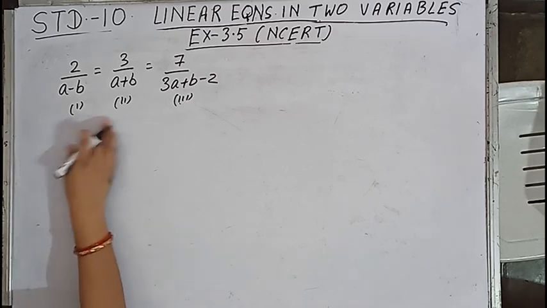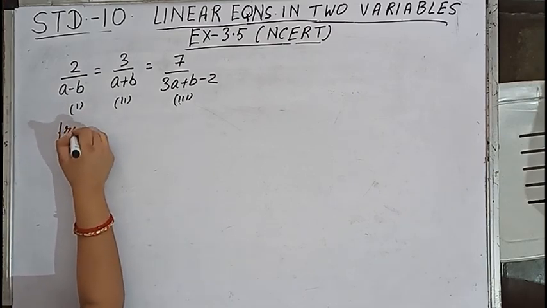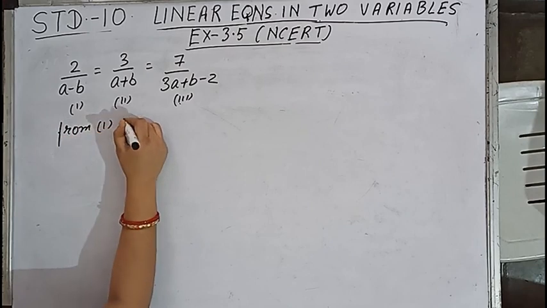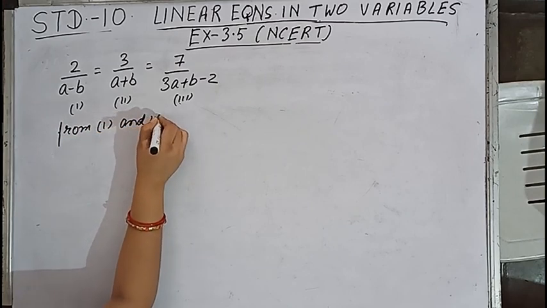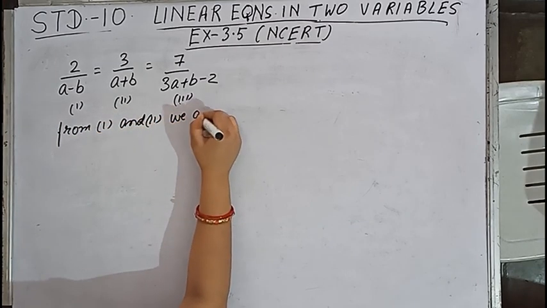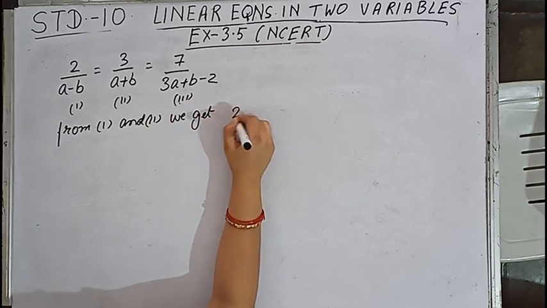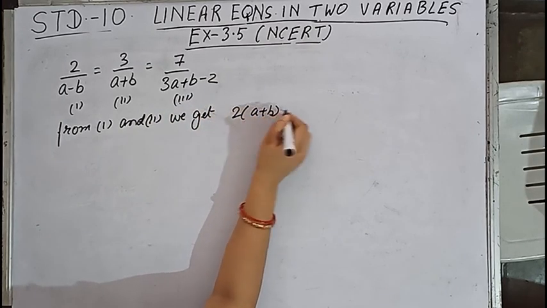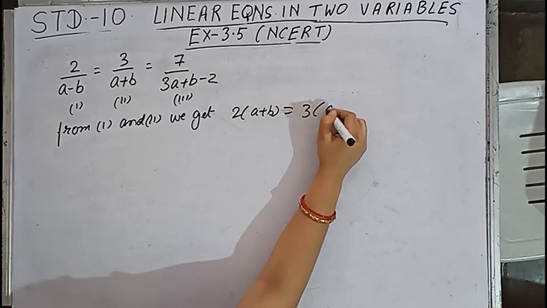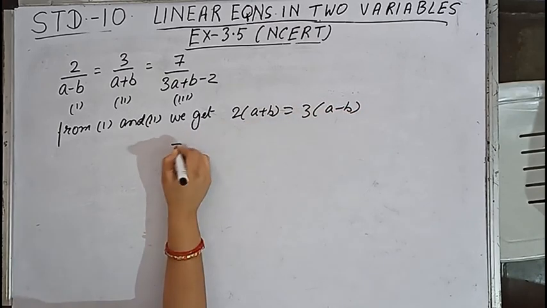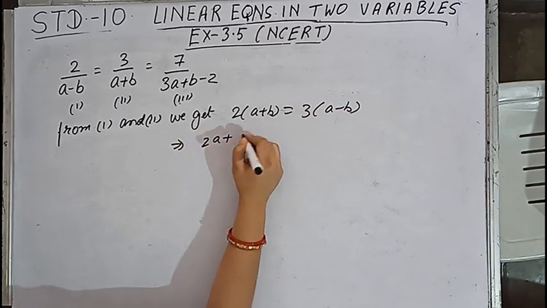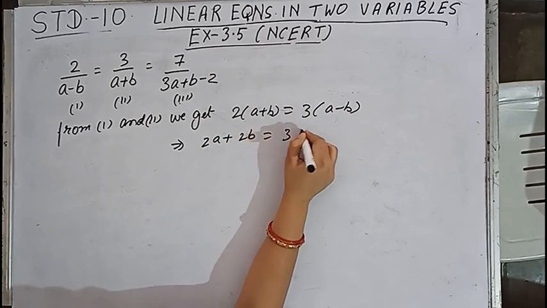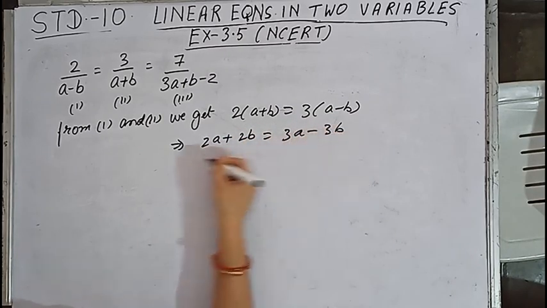So let us solve 1 and 2. From 1 and 2 we get 2(a + b) = 3(a - b). This implies 2a + 2b = 3a - 3b.